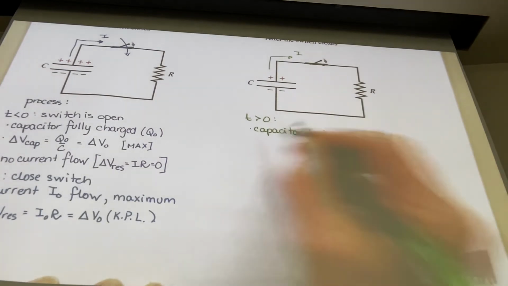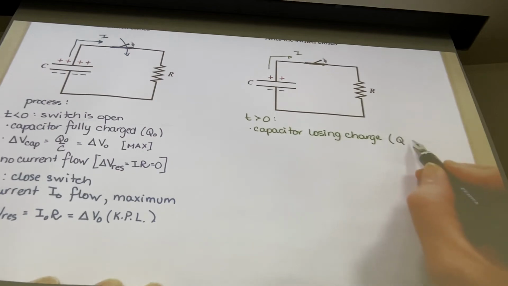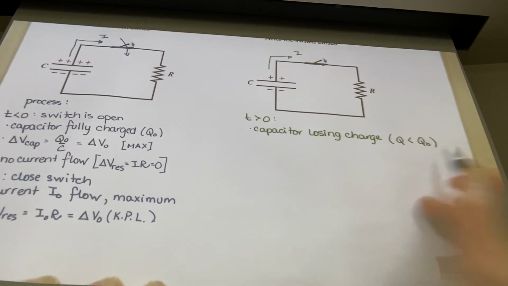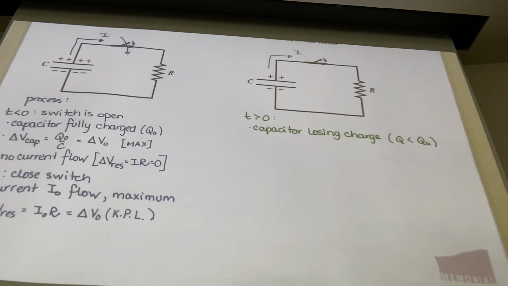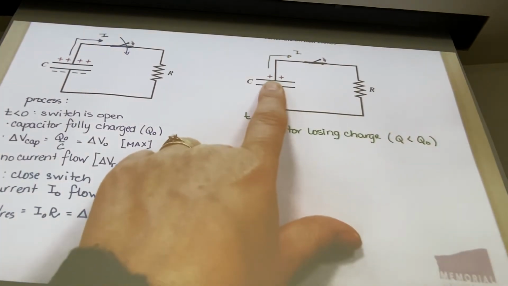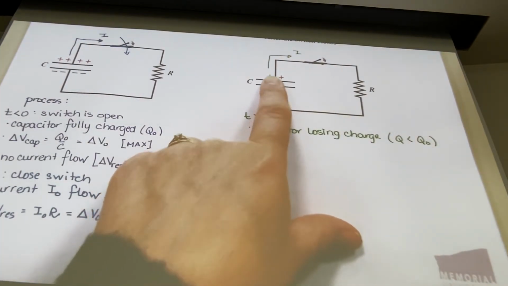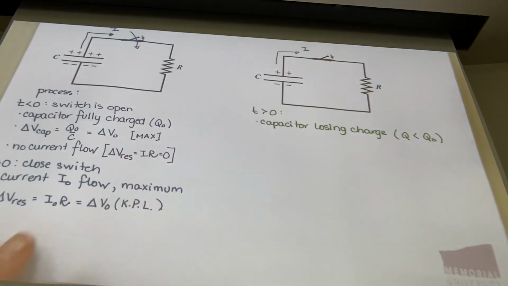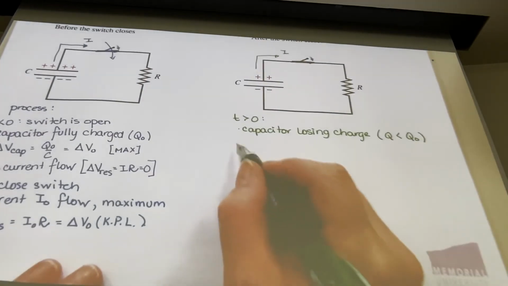So that means at some time bigger than 0, the charge on the capacitor plates is less than the maximum charge. A little bit of time later, we've lost some charge. There's not as strong a repulsion anymore, so the current is getting smaller. So our current is decreasing.